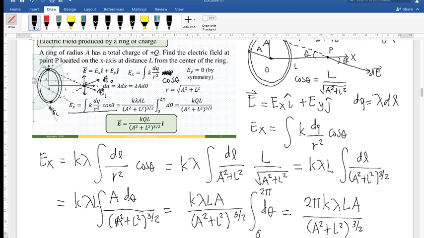If you have dq1 here, dq2 here cancels out your Ey contribution. And your Ex just adds up anywhere. For every upward Ey there is a downward Ey, so it cancels out. That's why Ey is equal to 0 by symmetry.